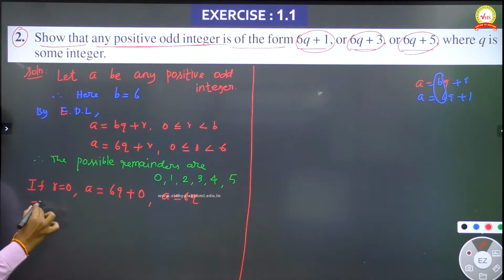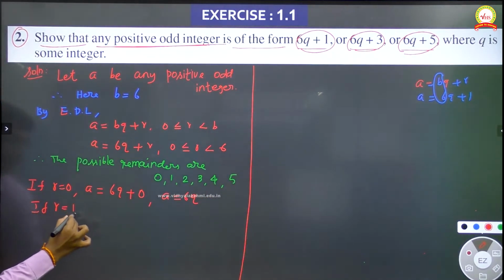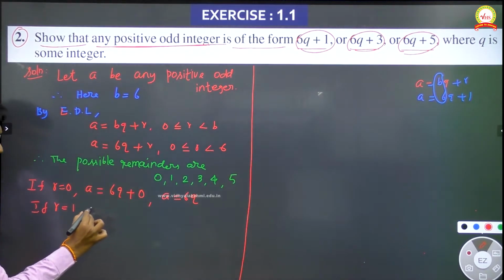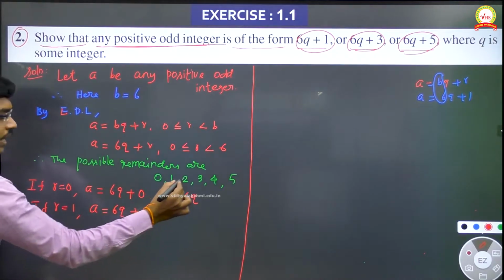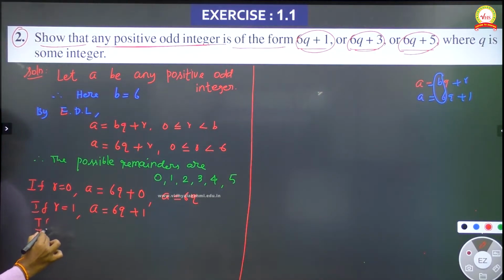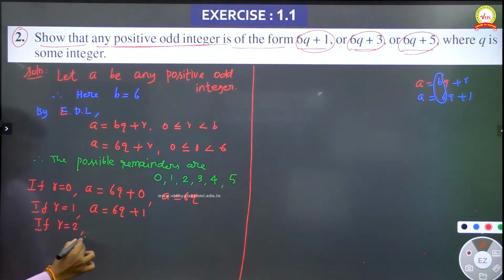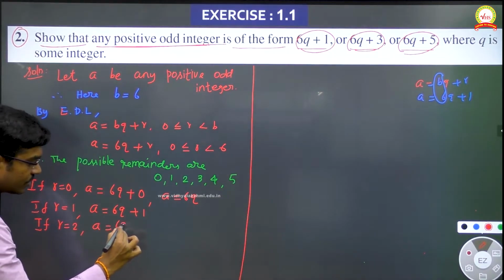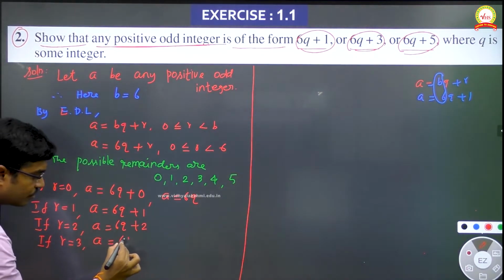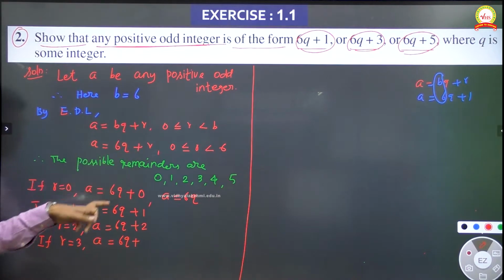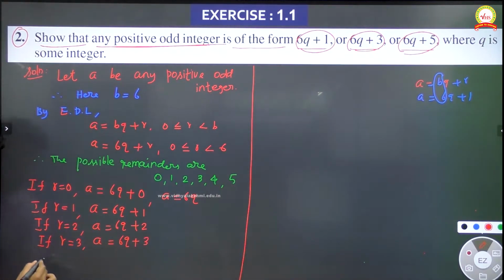Next, if the remainder I take is 1, so a equals 6q plus 1. Next I take 2. If remainder equals 2, so a equals 6q plus 2. Next, if I take the next remainder 3, if r equals 3, so a equals 6q plus 3.